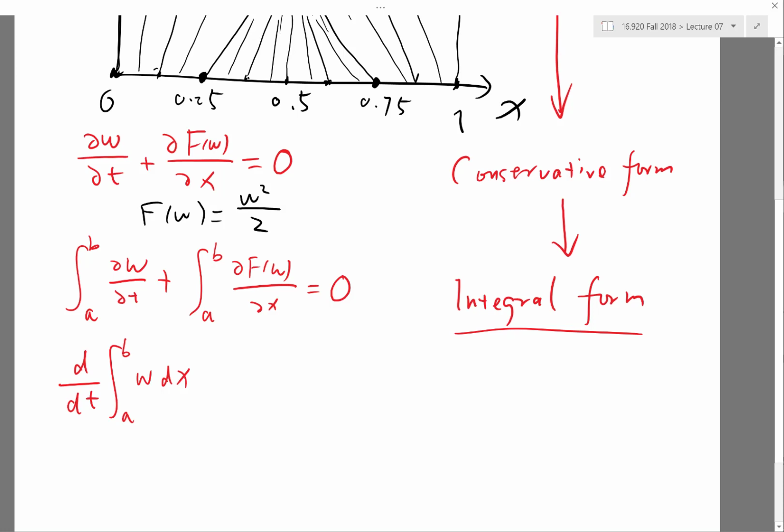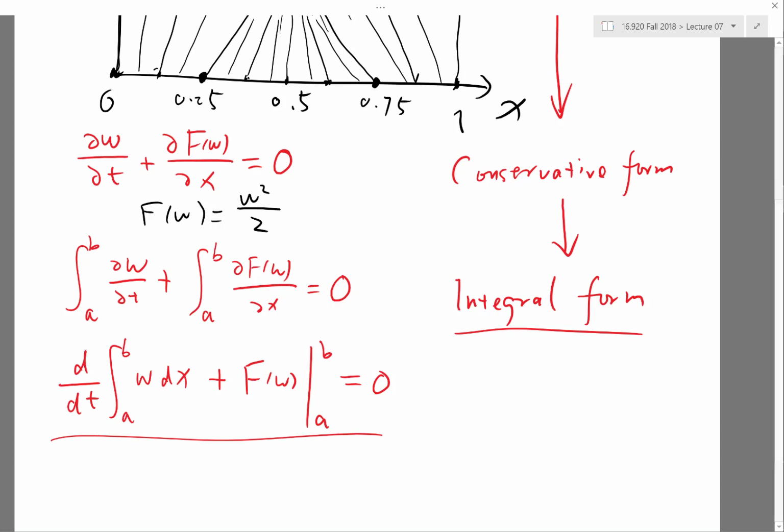So plus, now what is the integral of spatial derivative? I'll just write it f of w at a and b, right? This denotes f of w at x equal to b minus f of w at x equal to a. So that's the integral form.